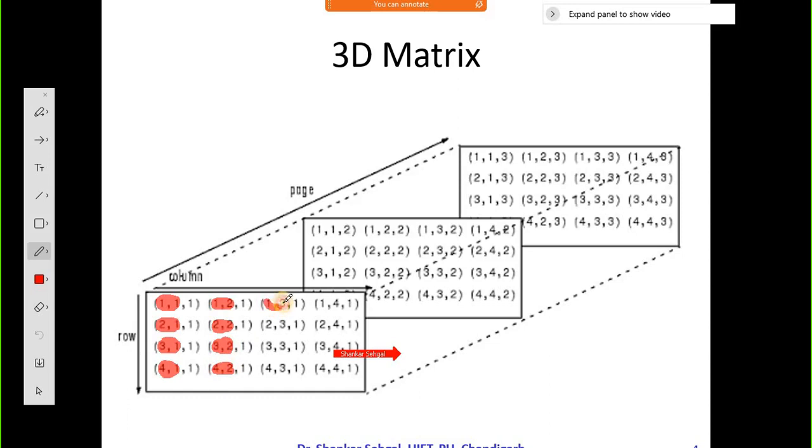And then we go on to first row third column, then second row third column, then third row third column, right? And there is another element, fourth row third column. Then similarly these are the elements related to the fourth column, right?